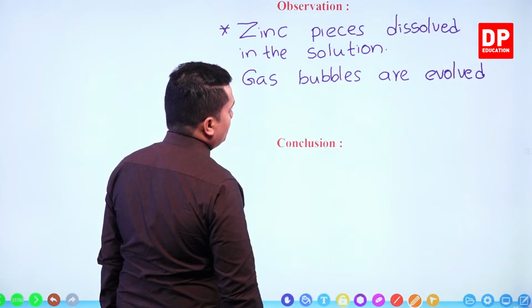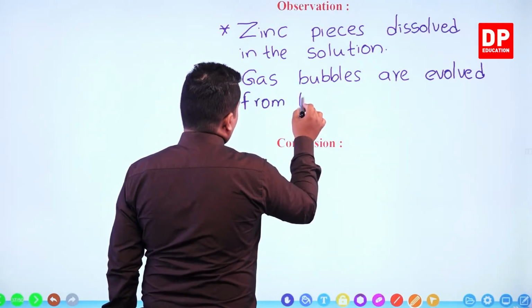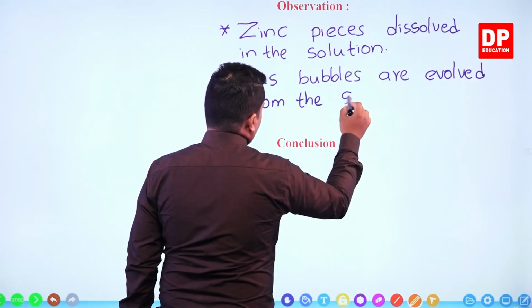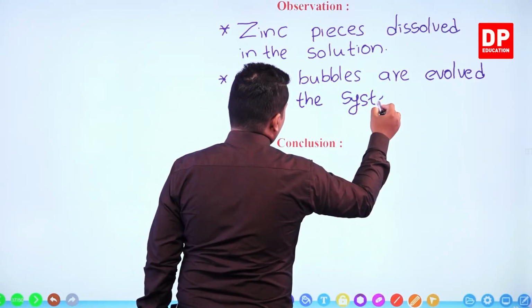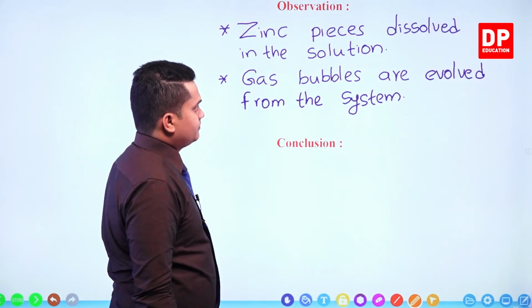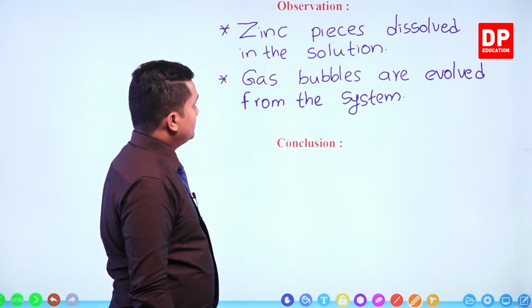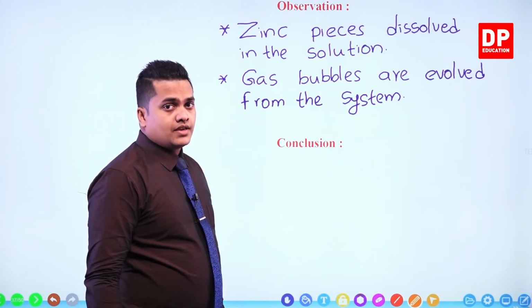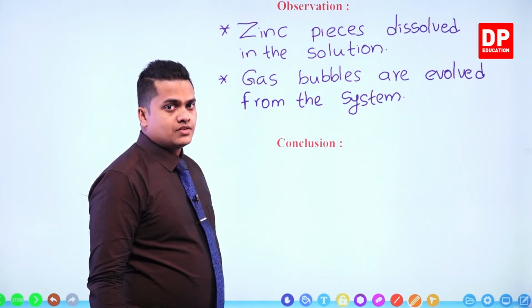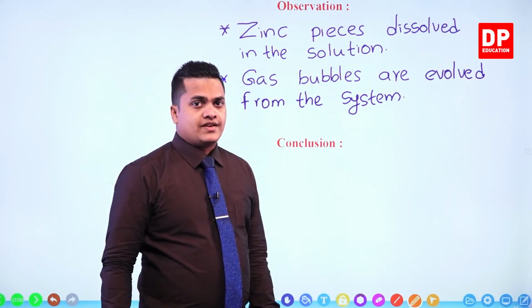Gas bubbles are evolved from the system, right? Gas bubbles are evolved from the system, and the earlier one is zinc is going to dissolve within the solution. So these are the two main observations that we can take.